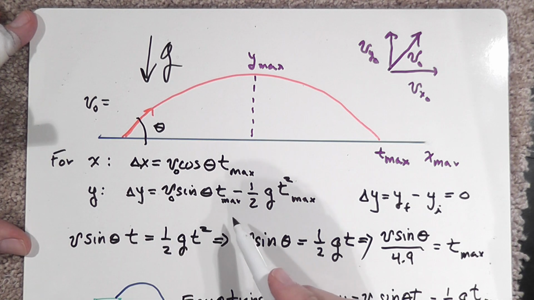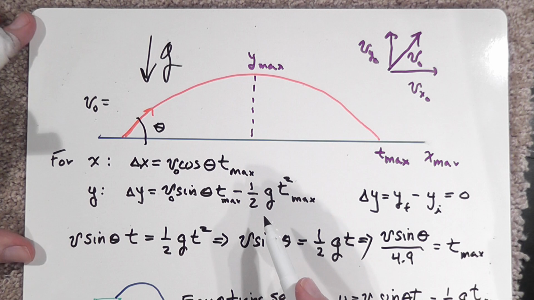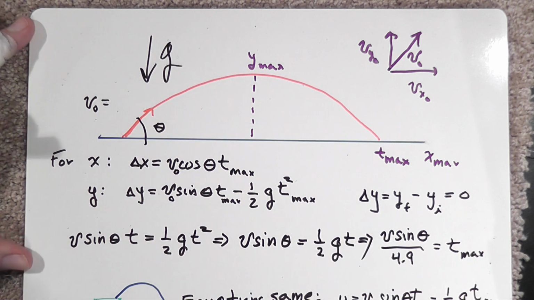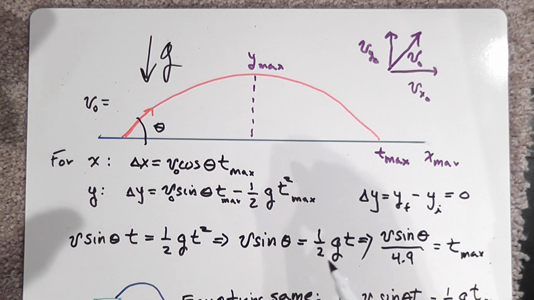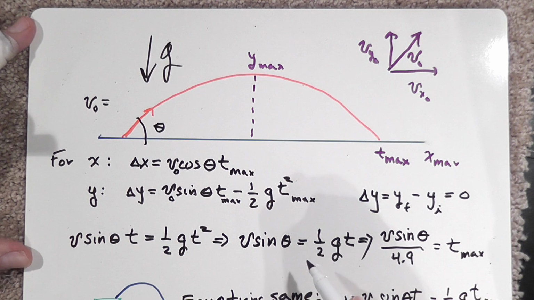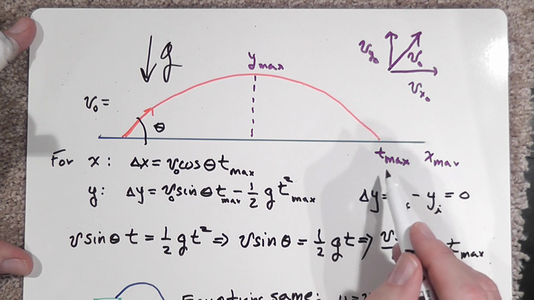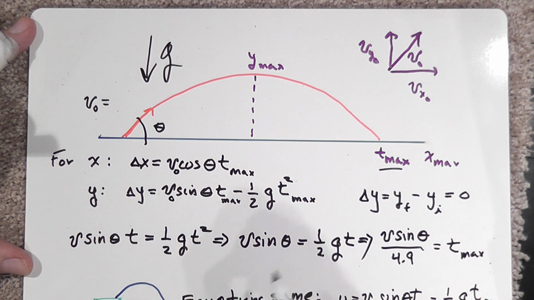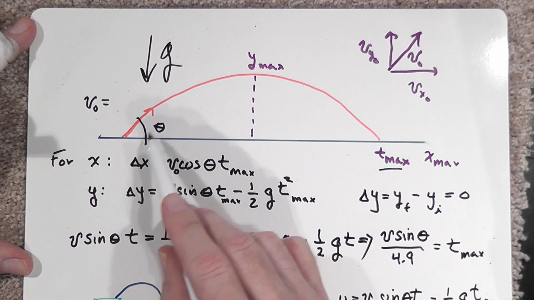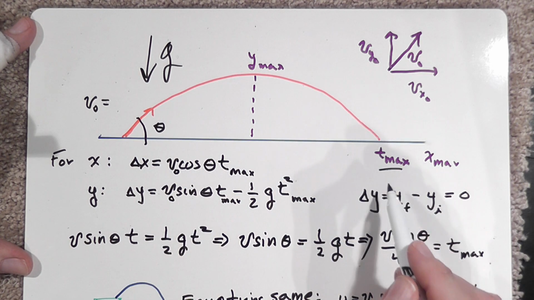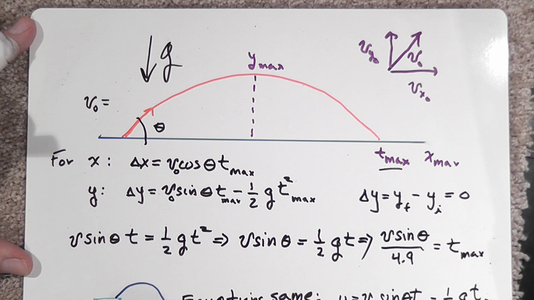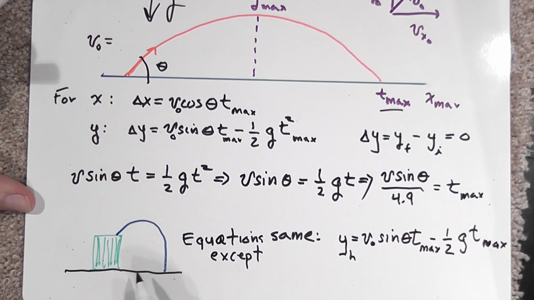Now, in these problems, one of the first things you probably need to do, in most all cases, is to solve for t max. In this case, finding t max, you don't have to use the quadratic equation like you would for a projectile off a building.